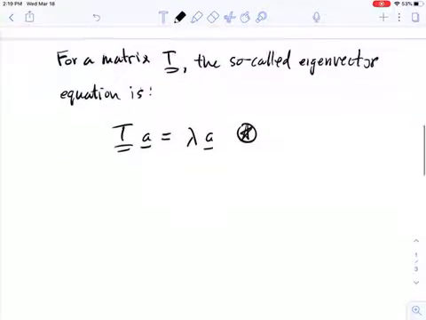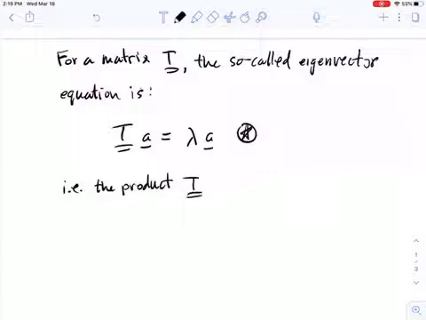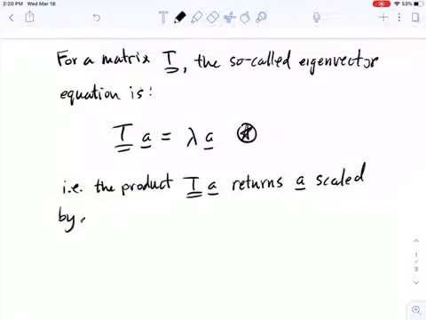So i.e. the product of square matrix T times column vector A returns the column vector A scaled by a factor lambda.